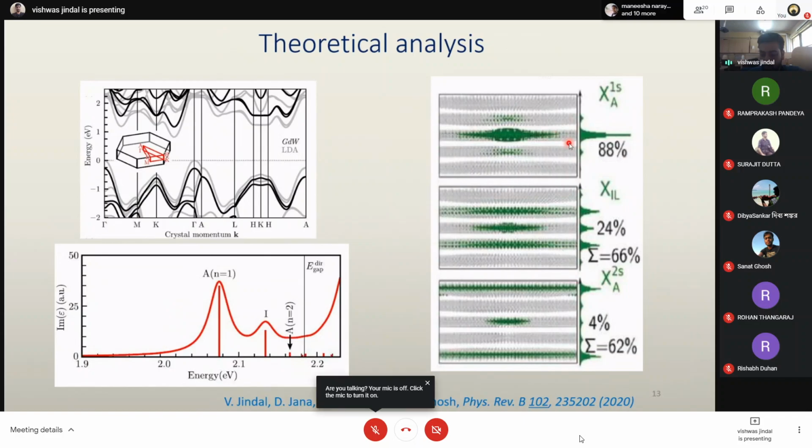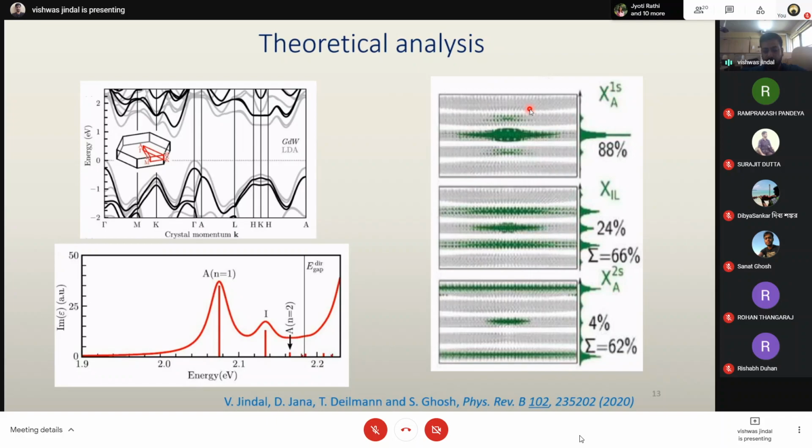For a 3D semiconductor, you would expect a uniform, circular kind of wave function, but here you see that the wave function is mostly confined to a single layer. So that's why we say this is a quasi-2D system.